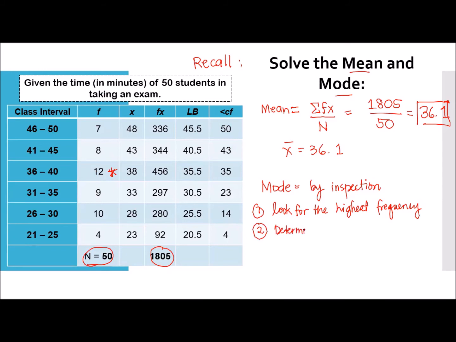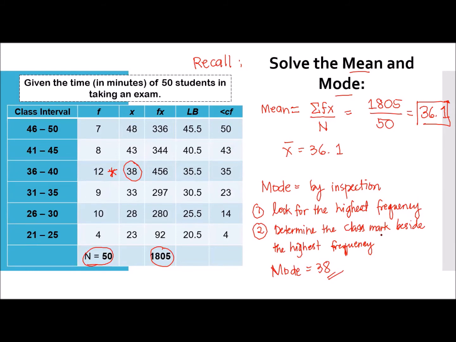Determine the class mark beside the highest frequency. Ano yun? So, we will now have 38. So, our mode is 38.